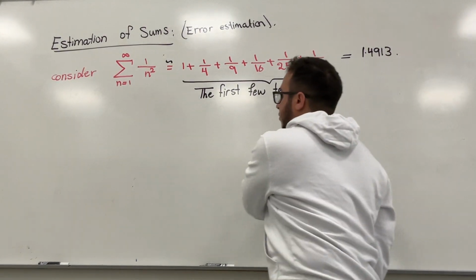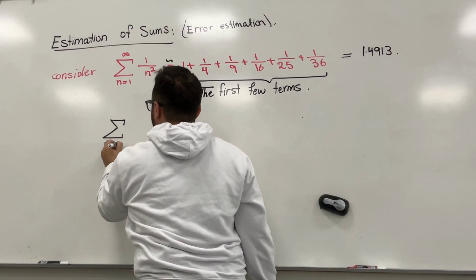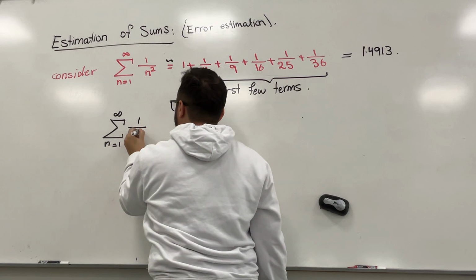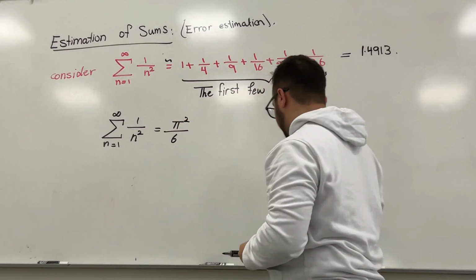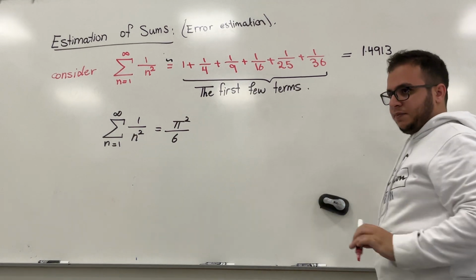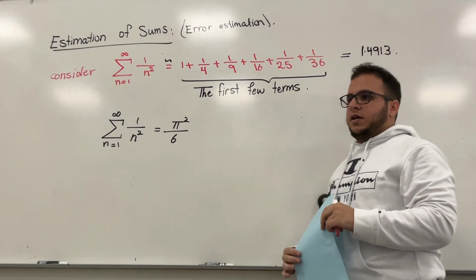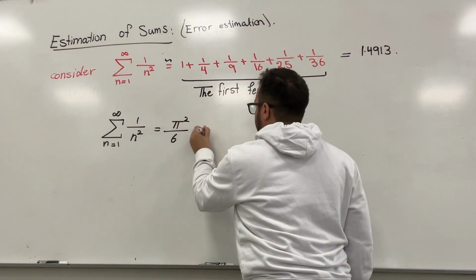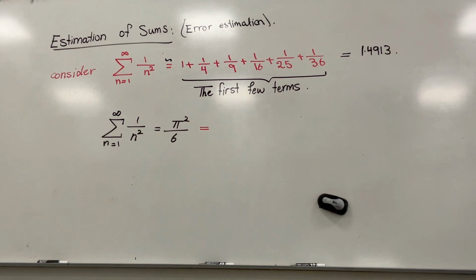Now, let me tell you the exact sum of this. So the exact sum of this is pi squared over 6. You don't need to know the details of how they got to this number, but I need someone to calculate this also in decimals and show me the answer. 1.6449.